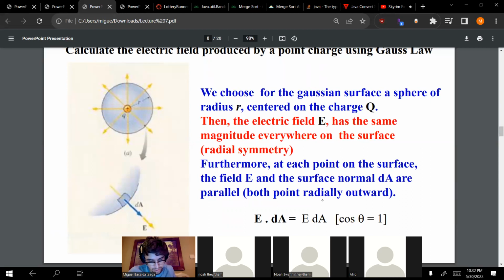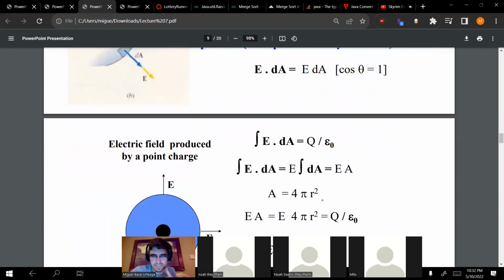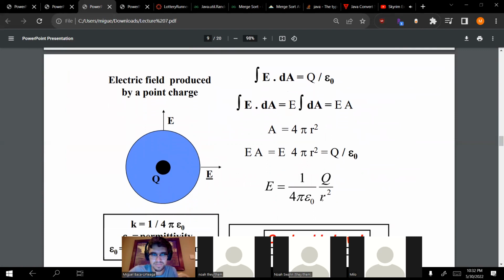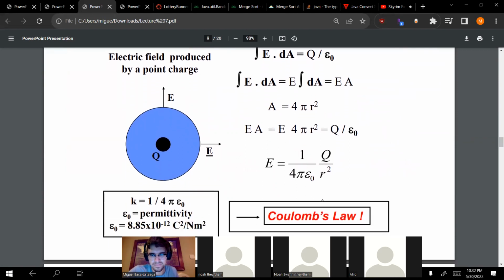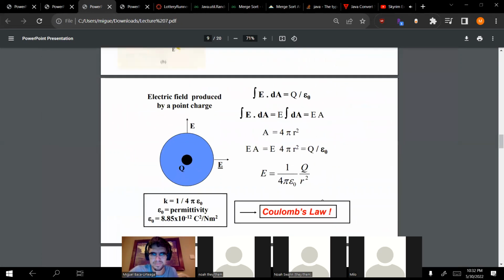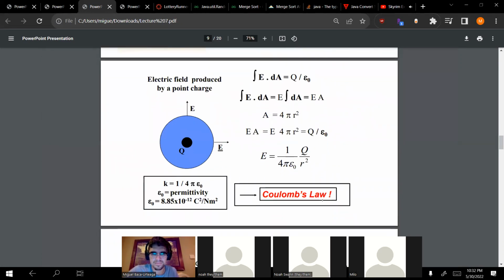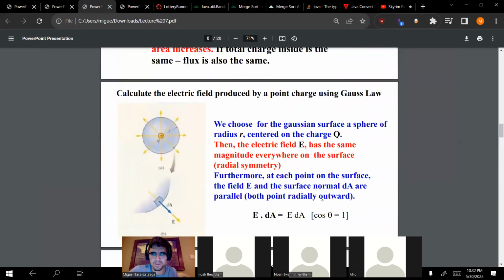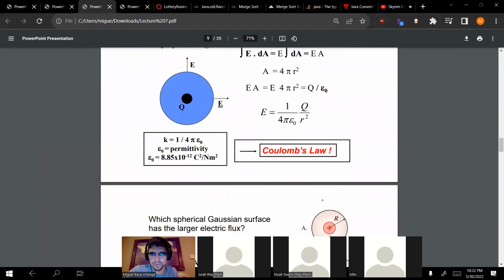In chapter 23, outside of a sphere of charge. Does he have the work for this one? Is this like an actual, I don't see any numbers. I think this is more proof wise.